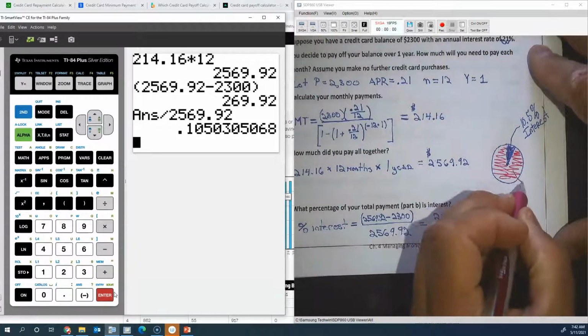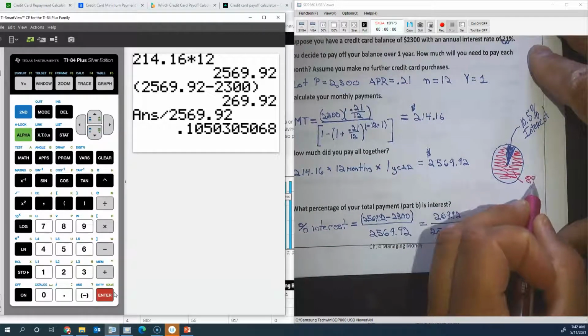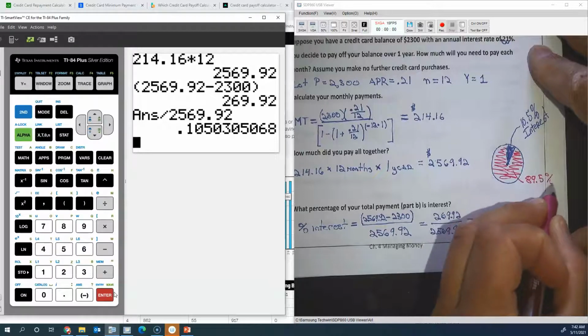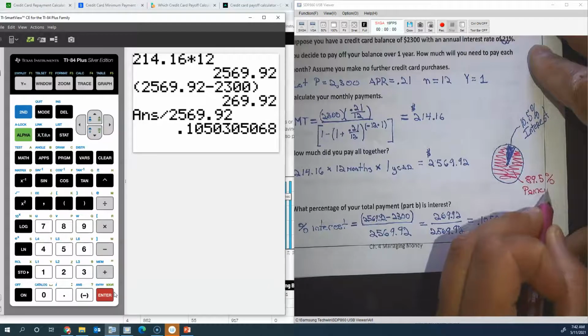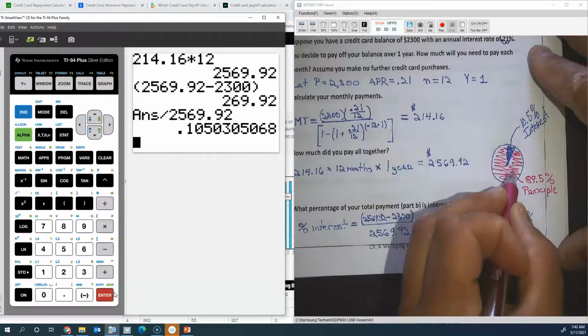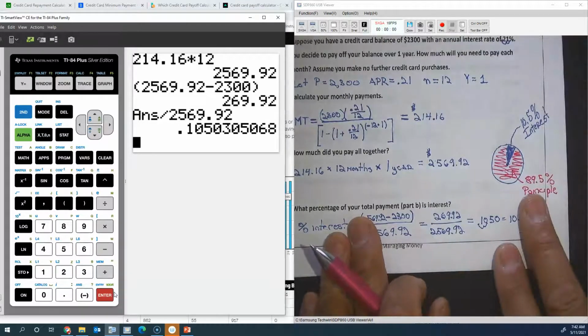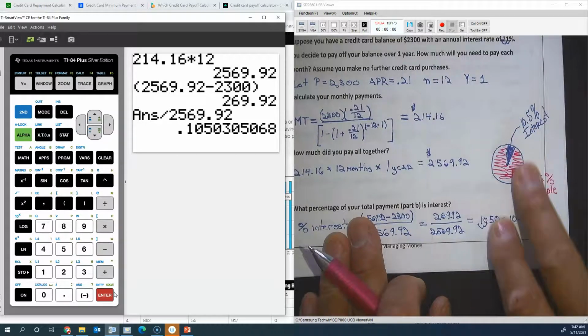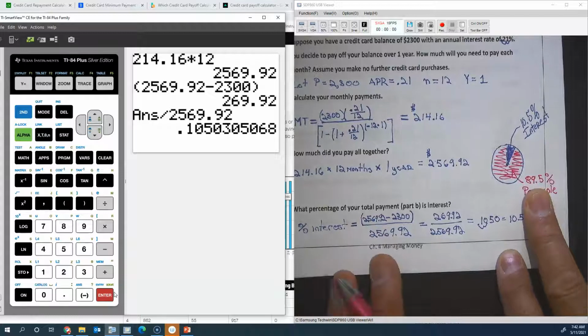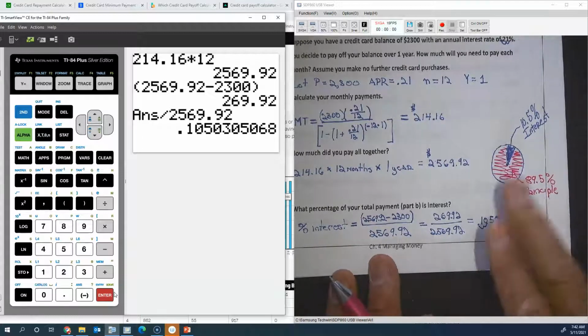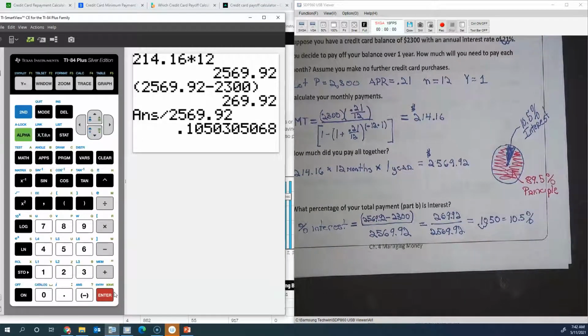Okay, so 89.5% of what you paid went to pay off your principal. I just took 100 minus 10.5. So that's not bad. You're not paying a ton of interest.